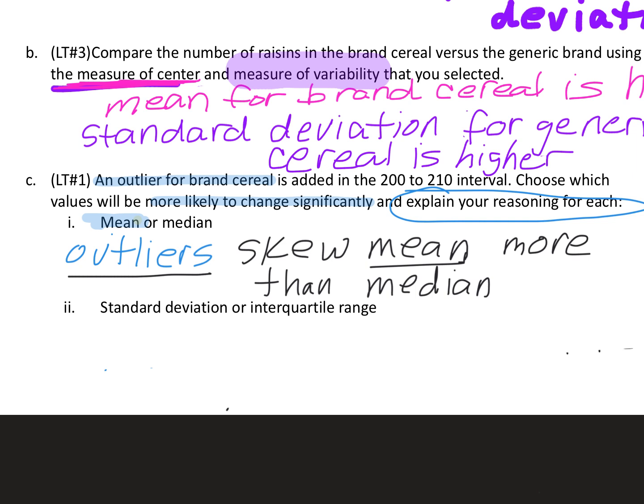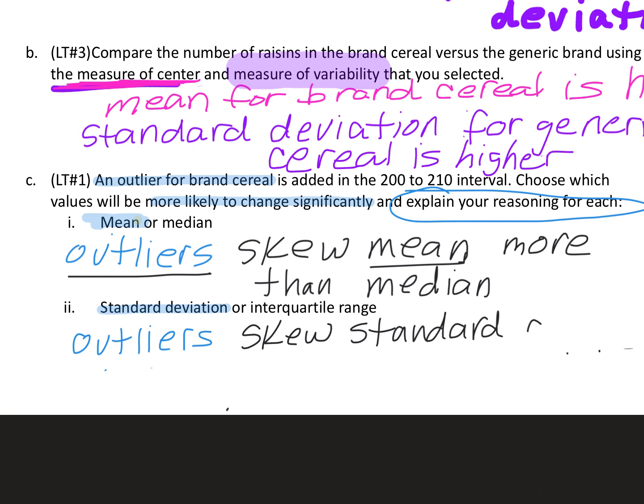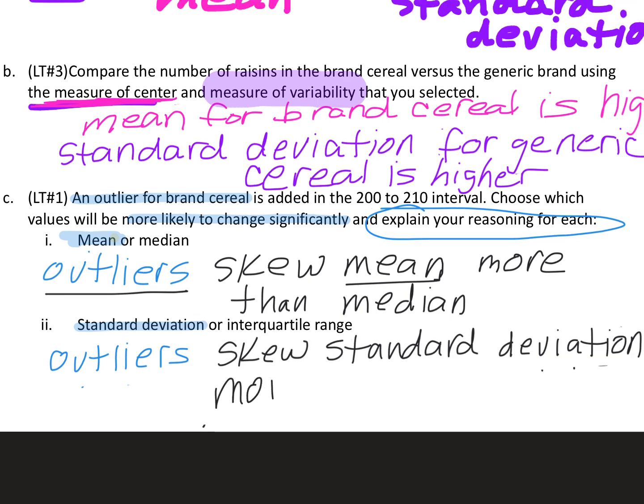And with the same reasoning, outliers skew the standard deviation more than IQR.